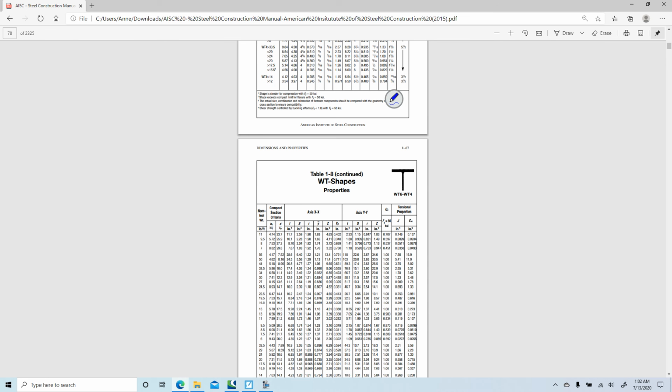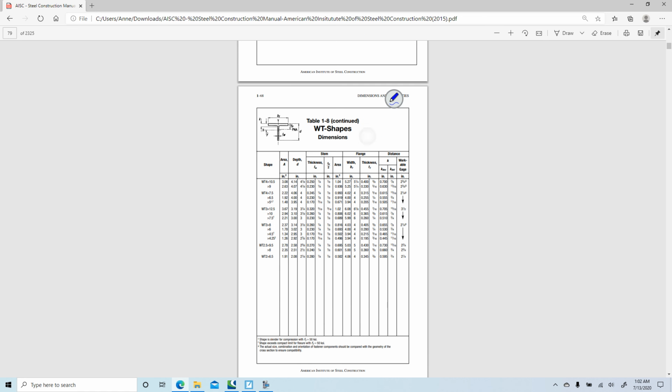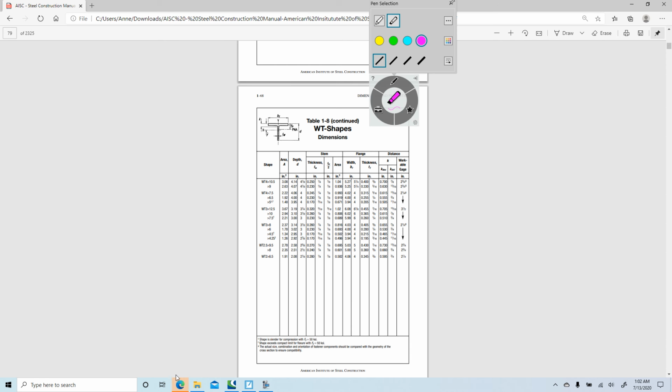Oh, on the next page. WT4x9 has, alright, I need actually to go to the next page.